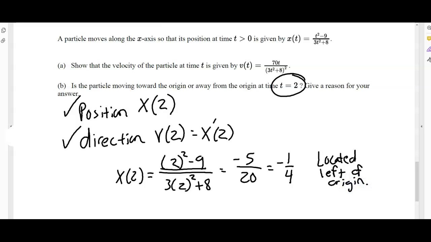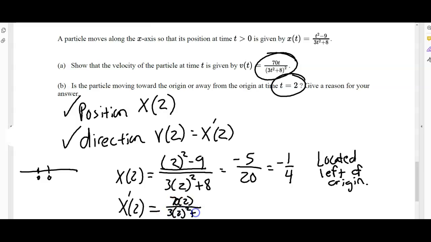All right, so if my origin is here, my particle is to the left of it. So now I need to figure out which way the particle is moving, and for that we're going to use the derivative, right? So that's this formula here that they gave us earlier. That ends up being 140 over 12, and I don't really need to reduce it because it's positive, and that's all that I really care about.